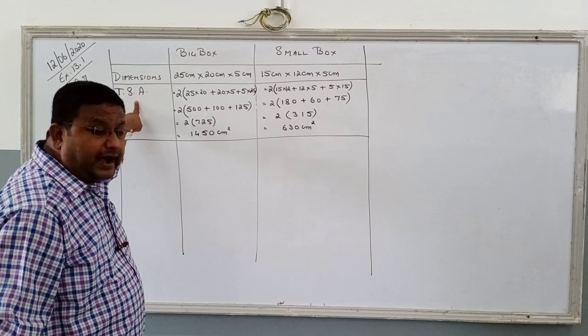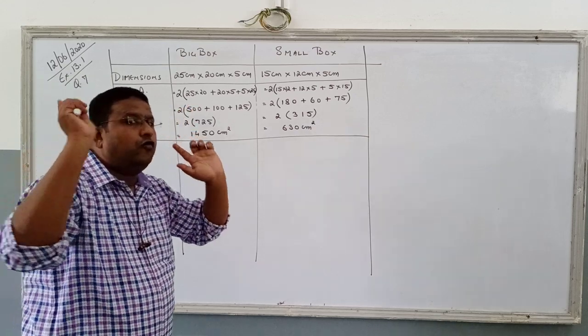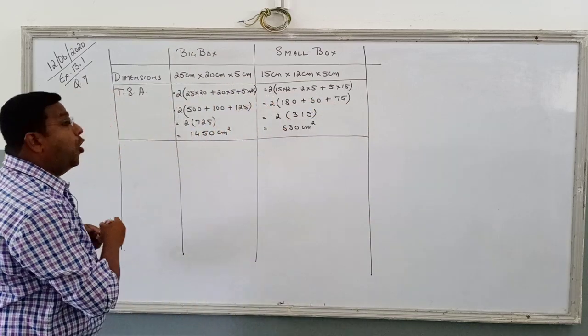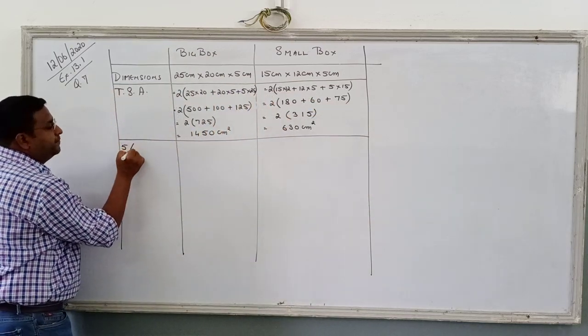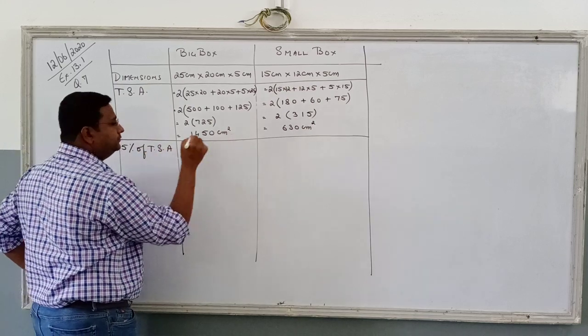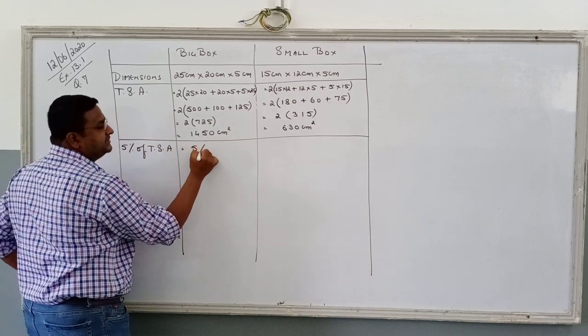Which overlap is he talking about? The 4 walls. When they are placed one above the other, they overlap each other. So 5% of total surface area.